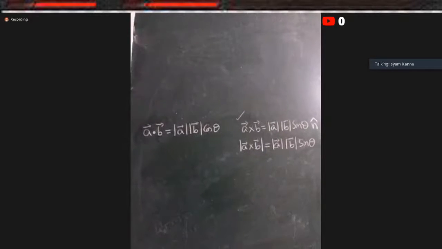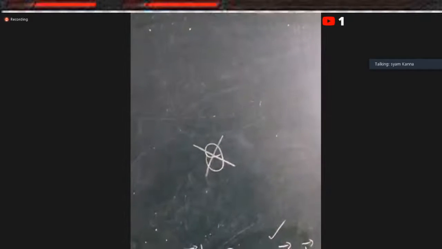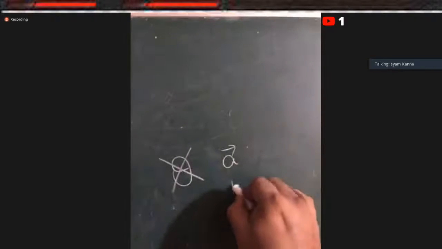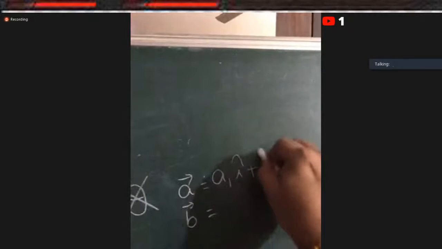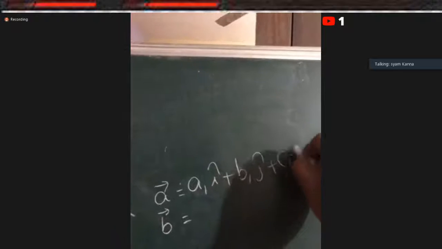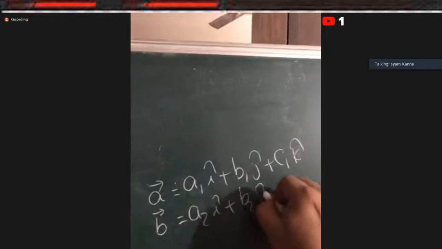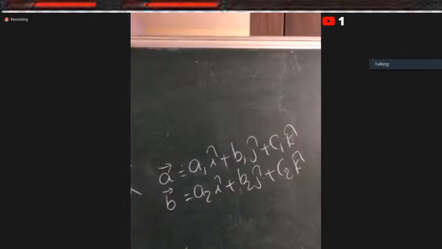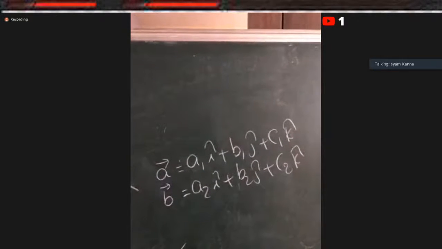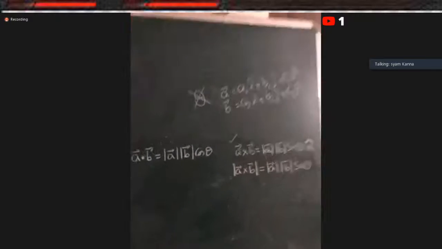Suppose the angle is not given to you, directly two vectors are given. Suppose A bar is given as A1 I cap plus B1 J cap plus C1 K cap, and B bar is given as A2 I cap plus B2 J cap plus C2 K cap. Then how to find a dot product and how to find a cross product?